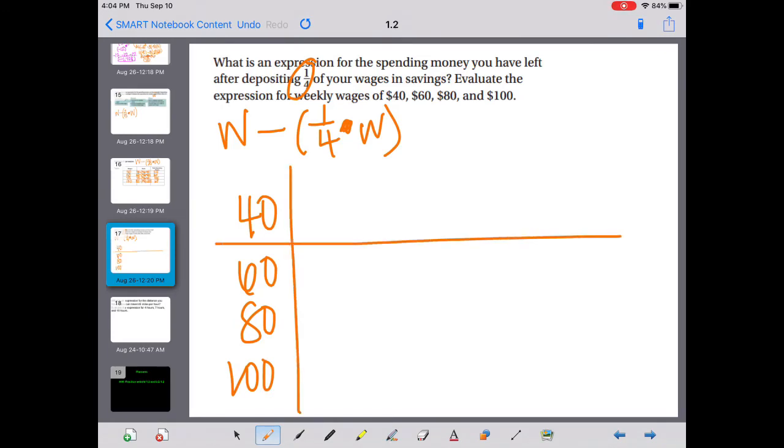To figure out 40, I need to do 40 minus 1/4 times 40.